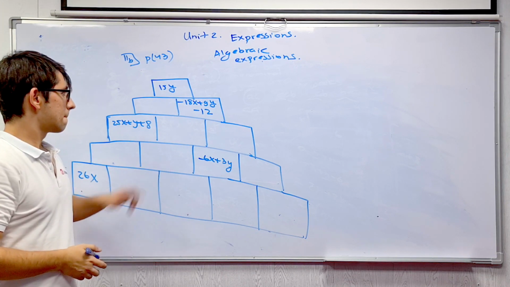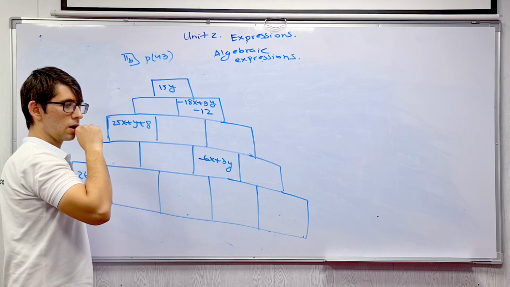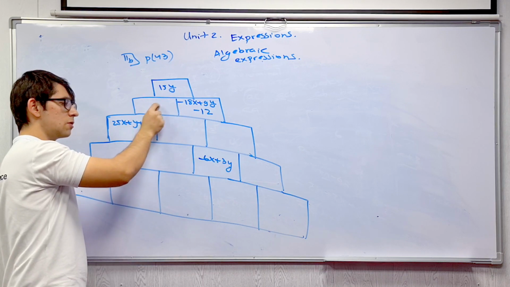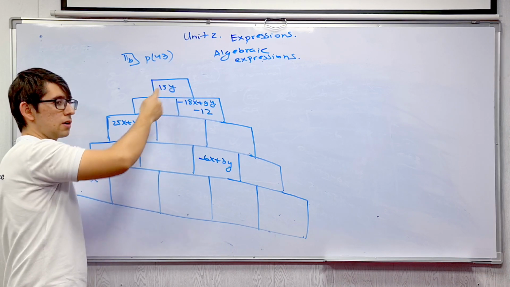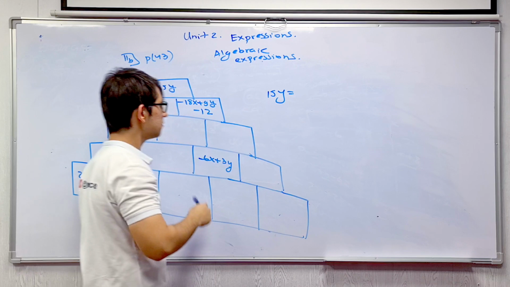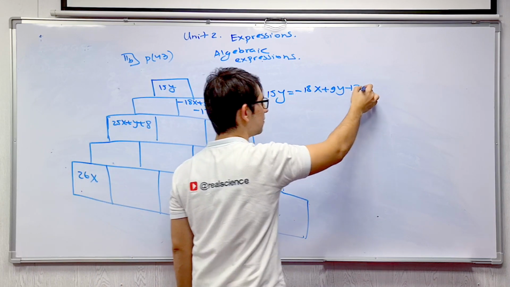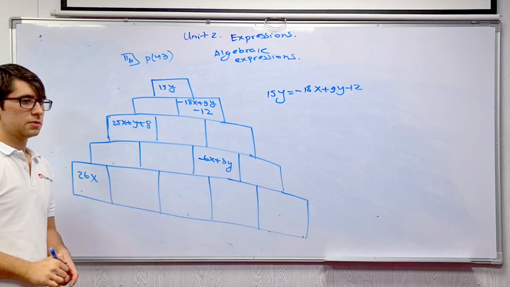To create the top, you should add 2 algebraic expressions below, okay? So here you should have something with respect to x, y, maybe some numbers, to get 15y. What should these some things be?